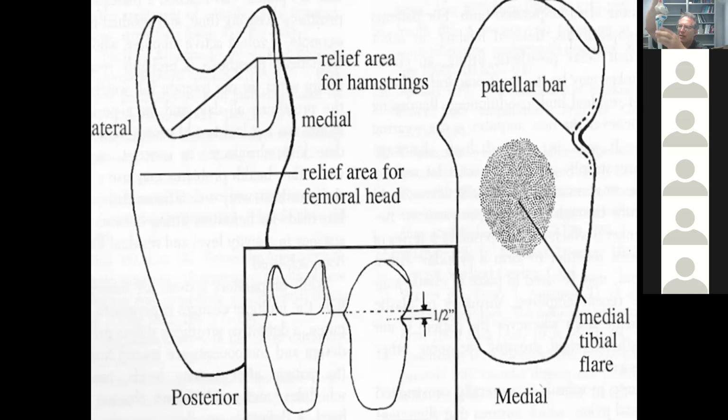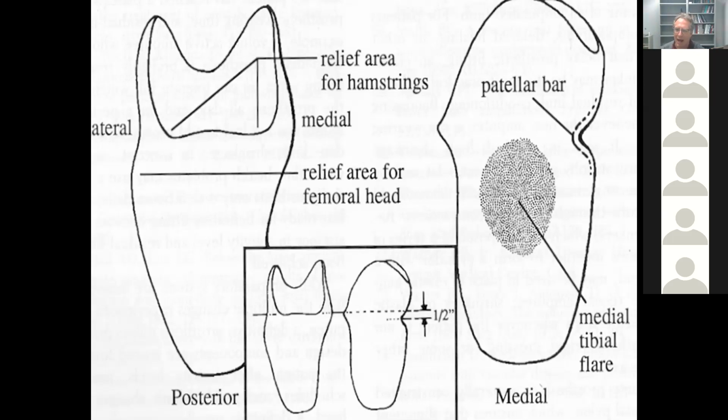But just medial to that, there's a broad flat surface, which is actually a very good weight-bearing surface that is preferentially loaded up in the medial superior tibia. It's called the medial tibial flare.